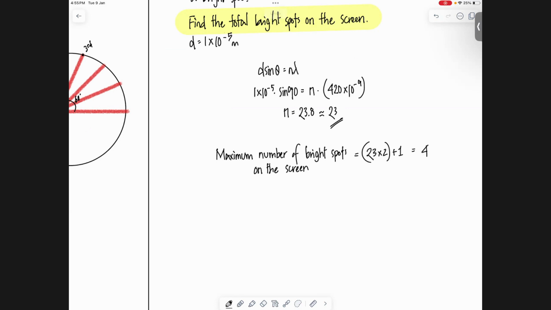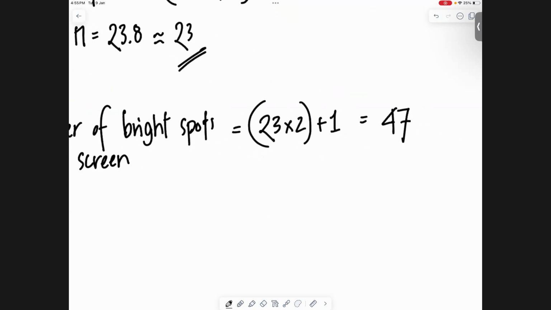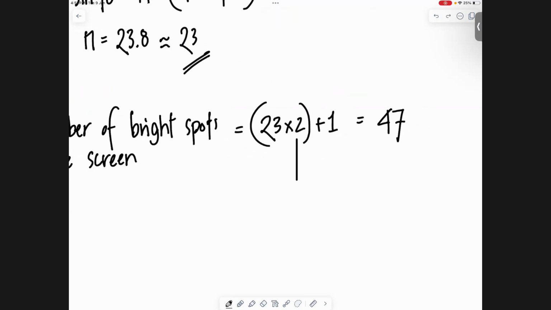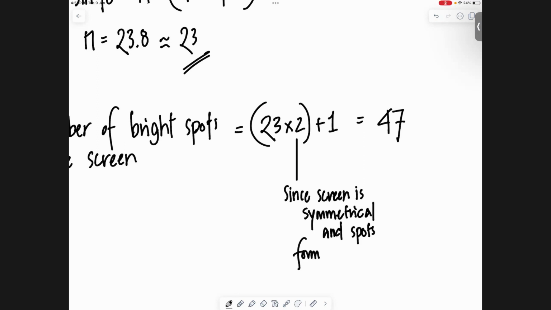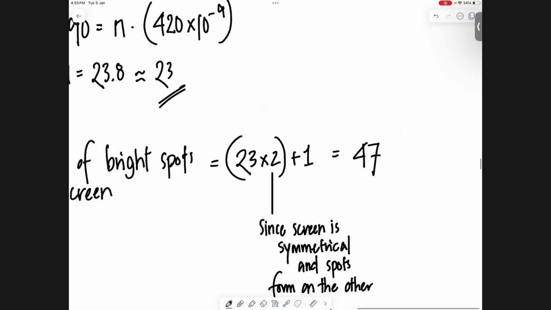I'll add here that we multiply by 2 since the screen is symmetrical, and spots form on the other side. And this is the central spot.